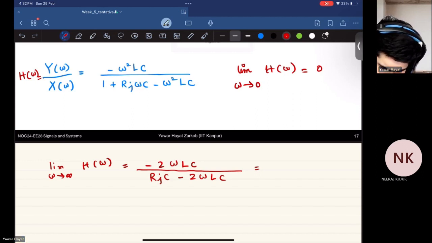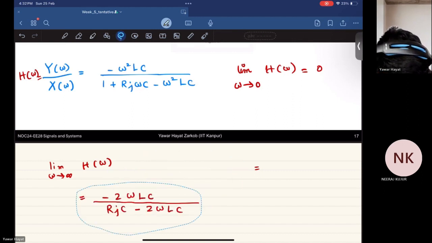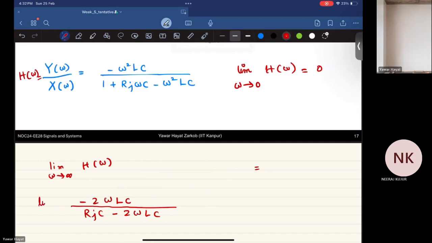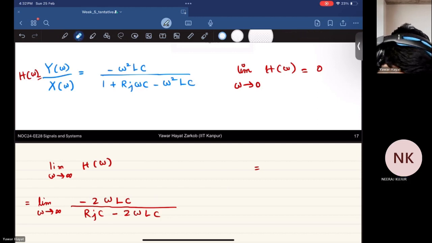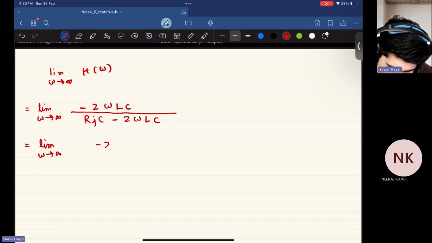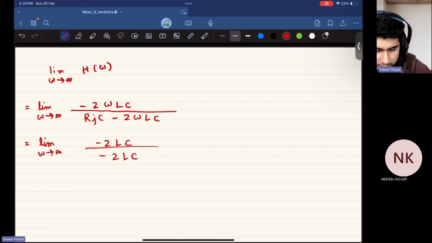So it would be minus 2LC, all divided by, this is again 0, minus 2LC. What is that? 1. That is 1, right?